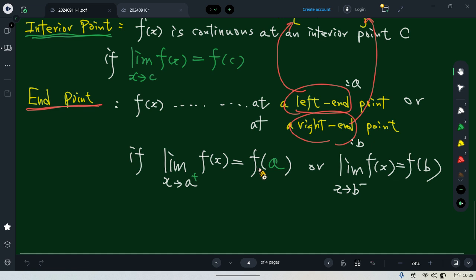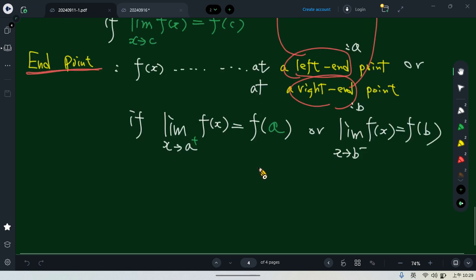So let me give you an example. Do you remember last time? Maybe I will use a new one. Okay, I will give you an example. I remember in our first lesson, we learned this function, right?